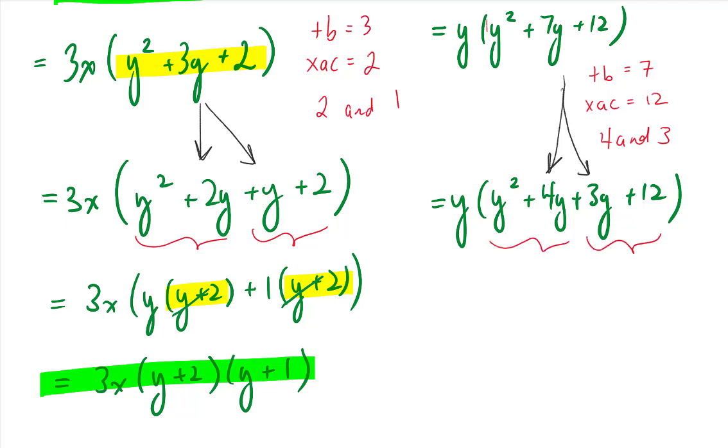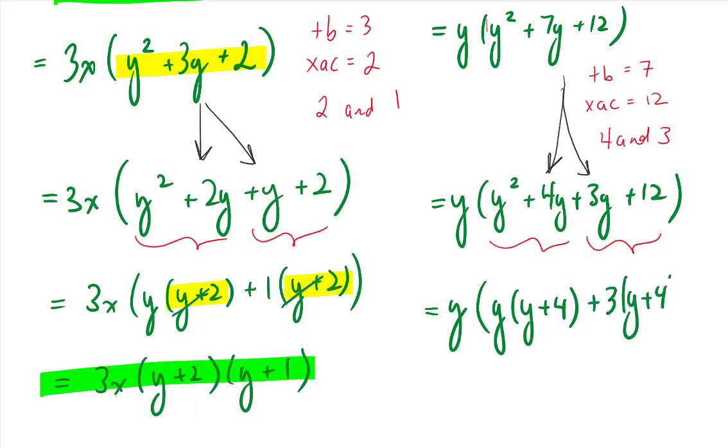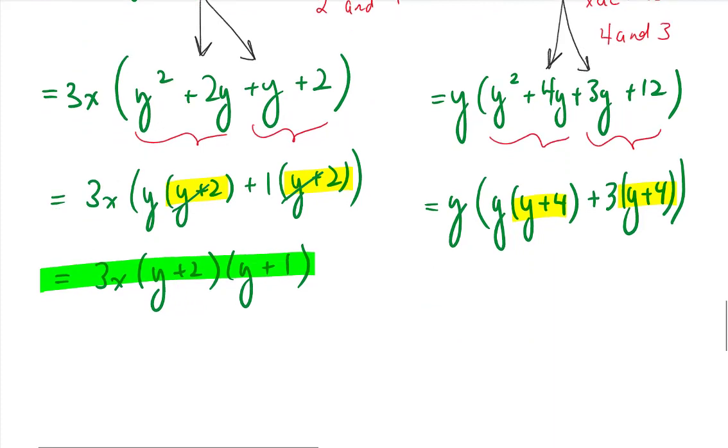Then we're going to common factor, because we have 4 terms there. So we have y. The common factor for the first two terms is just y, and that leaves me with y plus 4. And the common factor in the next two is a 3, which leaves me with y plus 4, which is perfect because we now see we have y plus 4 as our common factor.